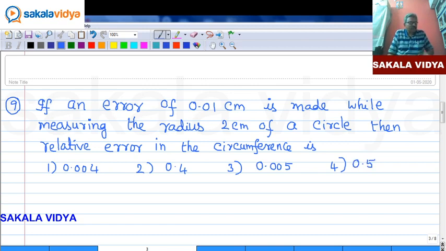Okay, this is the question, right. So now an error of 0.01 centimeter is made while calculating or measuring the radius 2 centimeters of a circle, then relative error in circumference of a circle you need to find out.